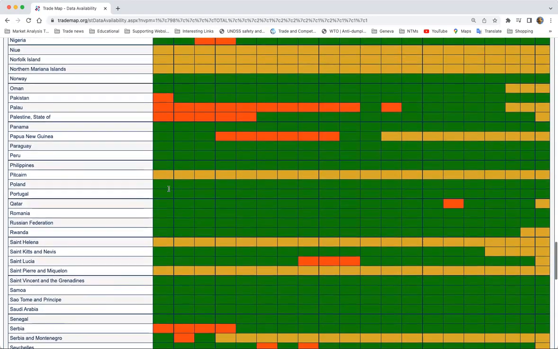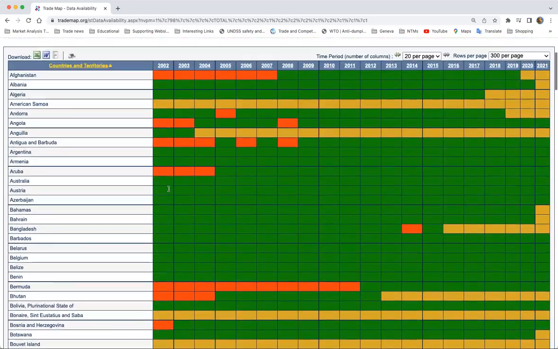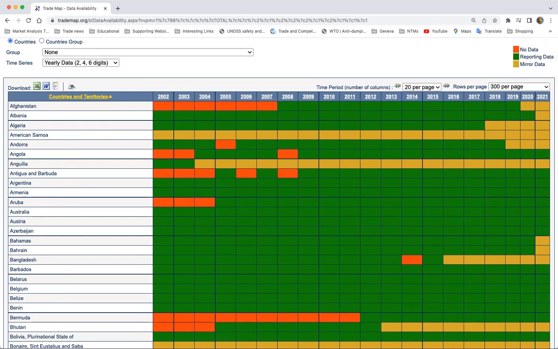This is the data availability page. What I want to say about this is that we use the data that has been reported by these countries, meaning that we get the information from UNDP, we get information from UNCTAD, we get information from other international organizations that are collecting this data.